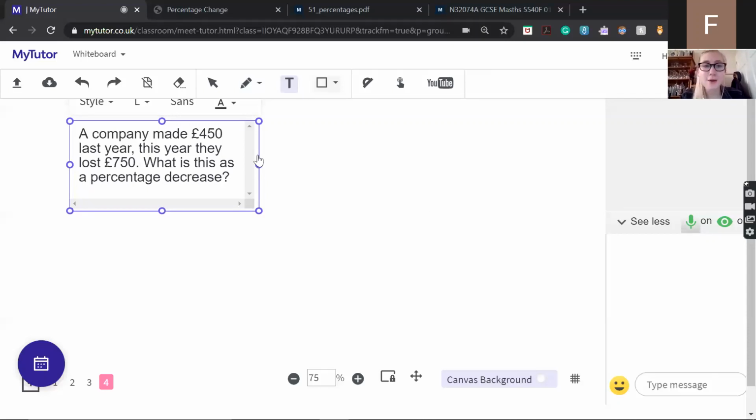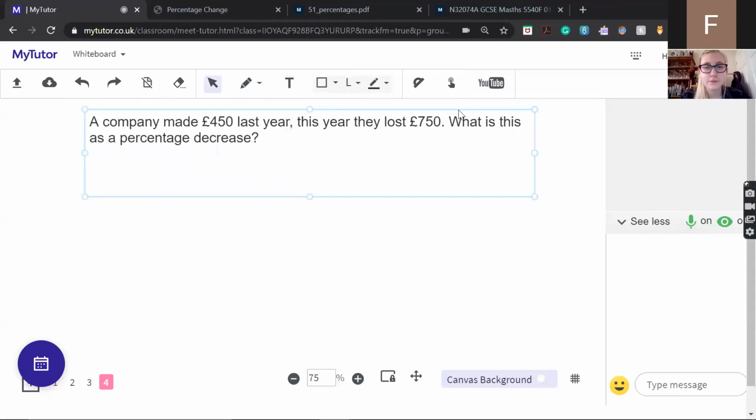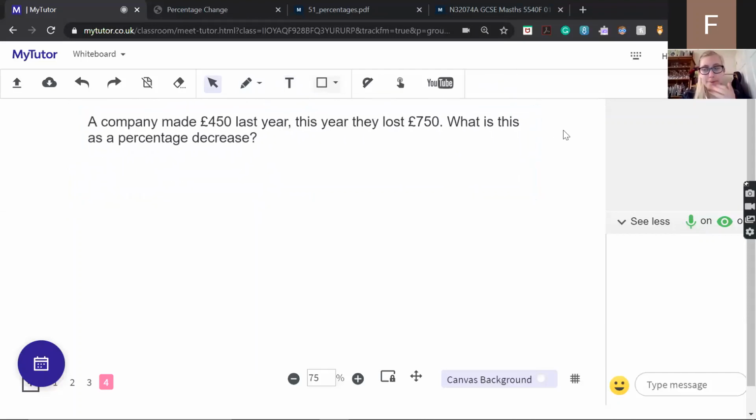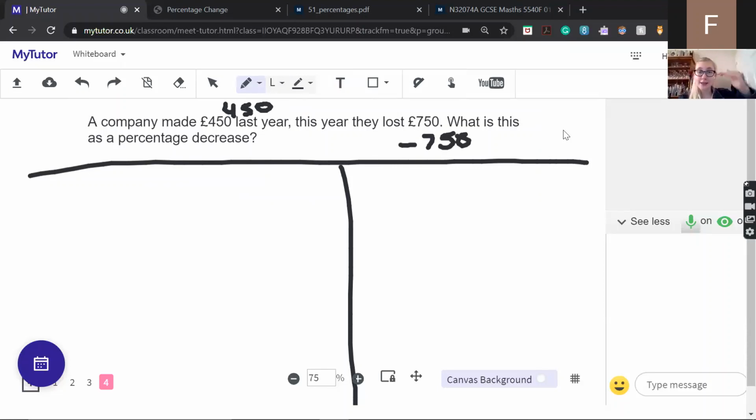So again, we can apply both of our methods, A and B, to this. The key thing to note is that this is 450 and this is minus 750. So how much money did they lose? Well, they lost 450 minus 750. That makes sense. That's how much money they lost. So that's 1,200.